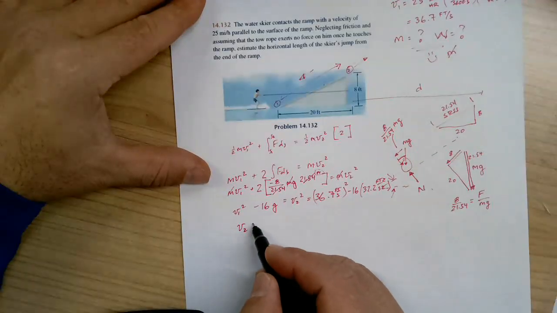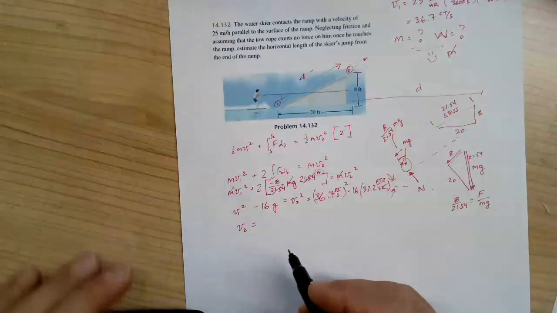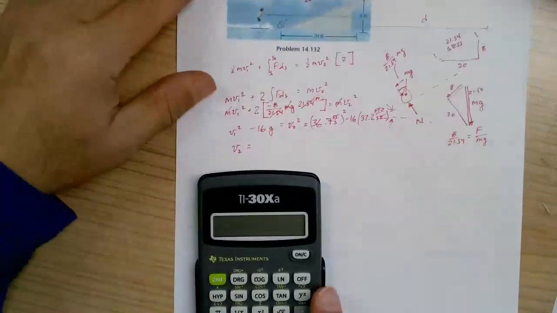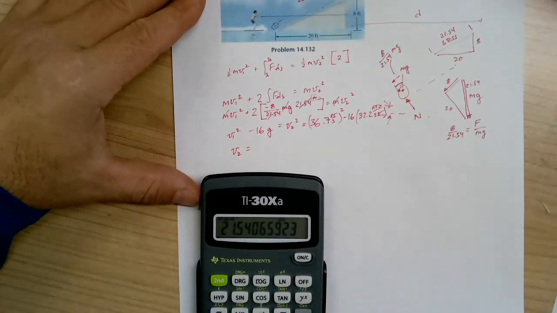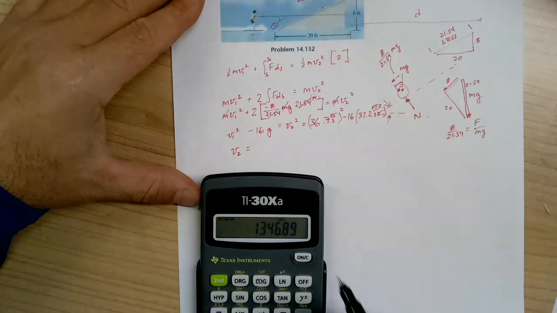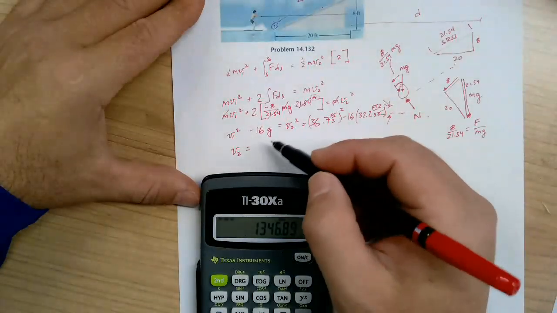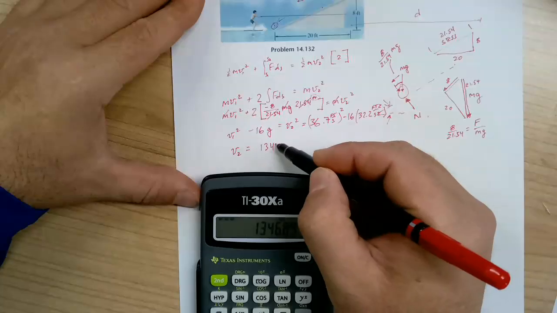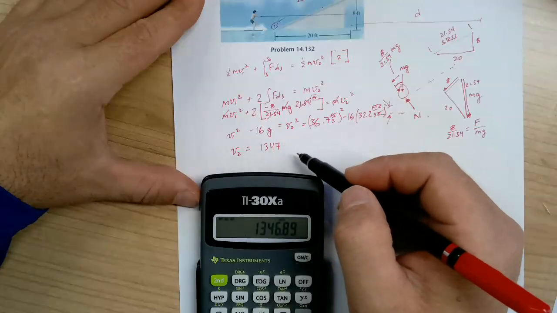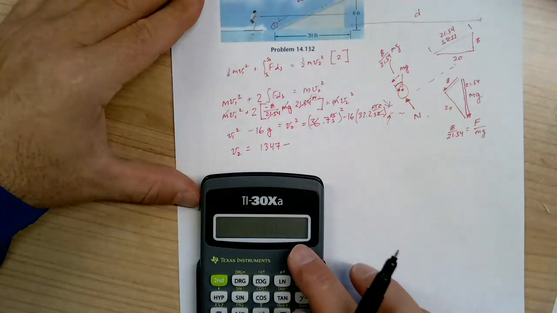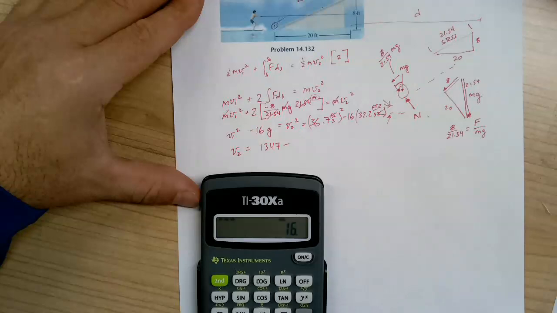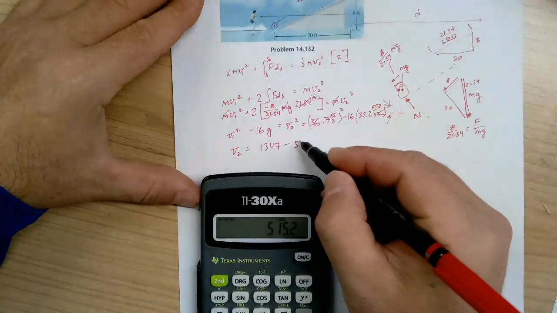And so V2 equals, I'll just do it out here so you can see. Calculator on. 36.7 squared, say 1347 feet squared per second squared minus 16 times 32.2 is 515.